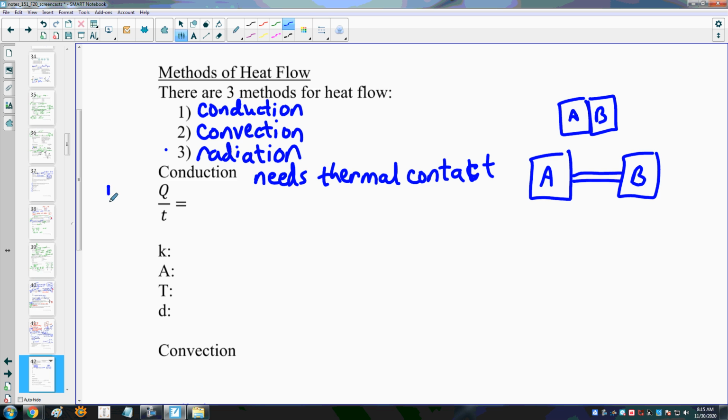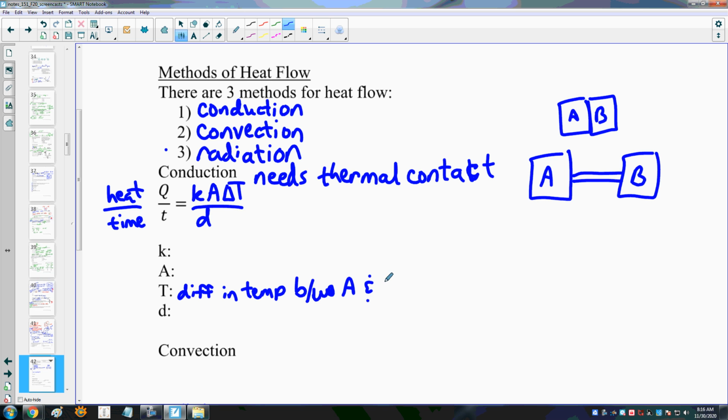The heat per time, that is in joules per second, Q over T, is equal to K times A times delta T over D. In this K A delta T over D, the delta T refers to the difference in temperature between objects A and B, referring to this figure right here.